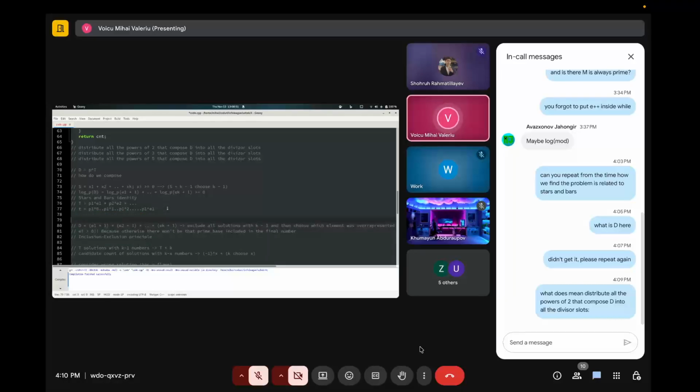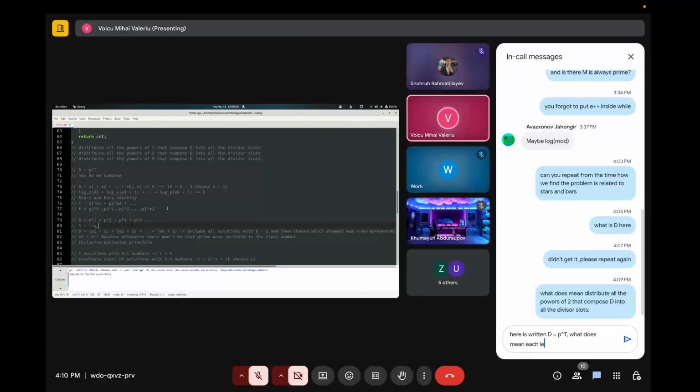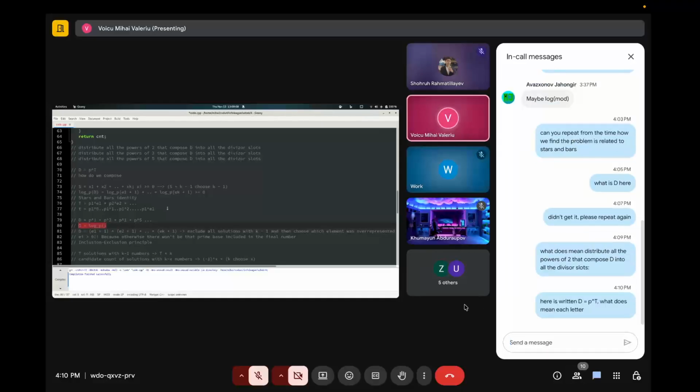So then instead of thinking of D as P to the power of 1 times P to the power of 2 times P to the power of 1 times P to the power of 5 and so on, we can say that D is equal to log base P under log. It looks like D equals 1 plus 2 plus 1 plus 5.